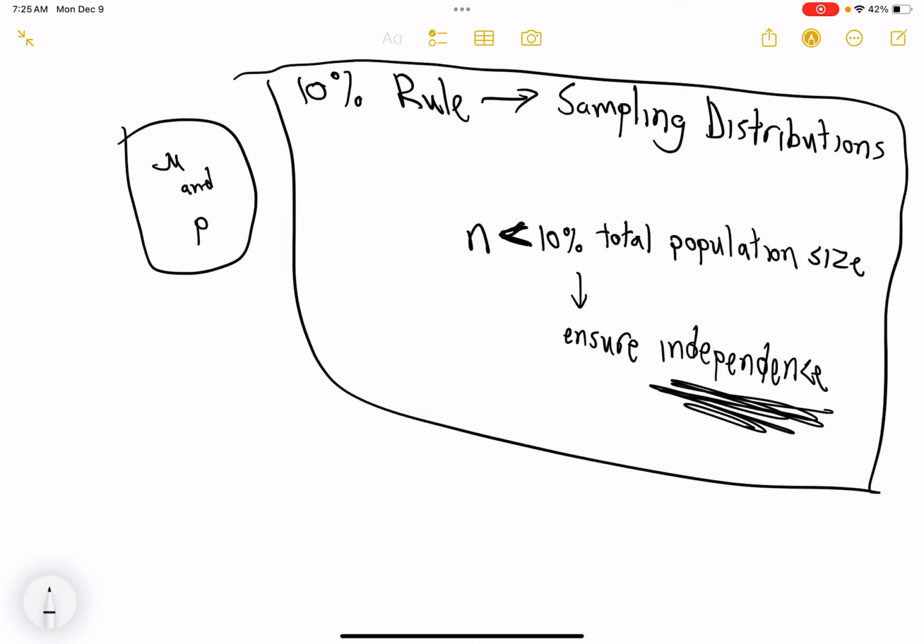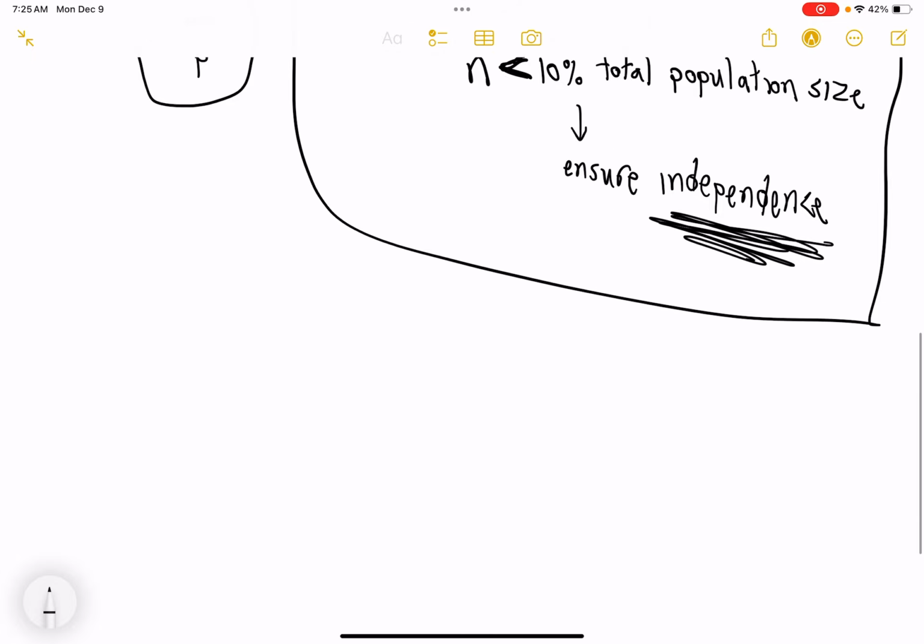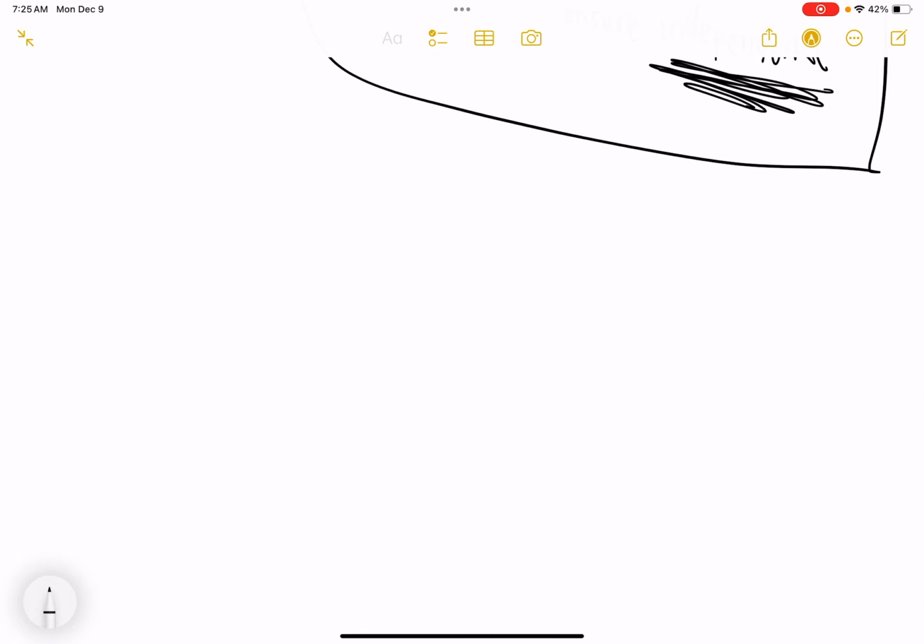Very important, okay? Now, the other one is the law of large counts, or the large counts rule. That, of course, applies only to proportions. So I'm being a little silly putting it at the start of our means video, but I did want to go over it one more time.